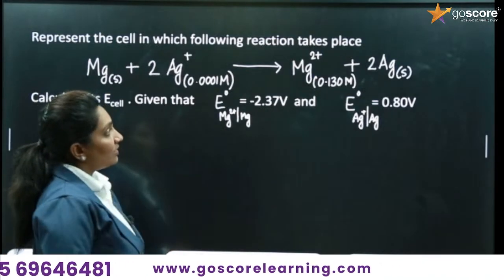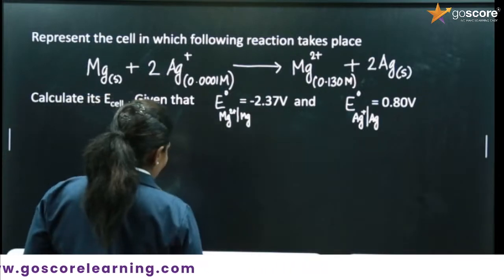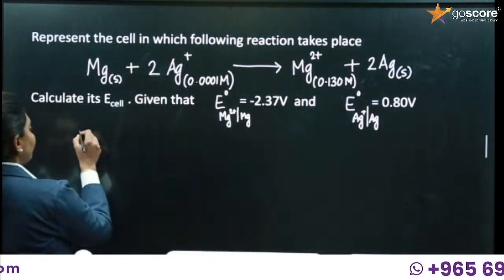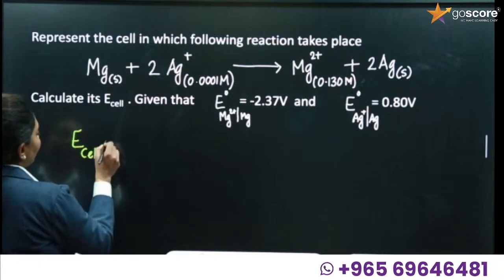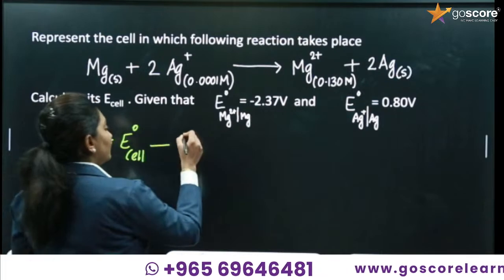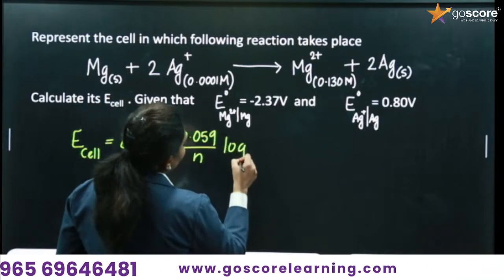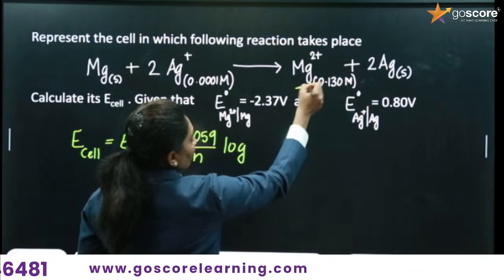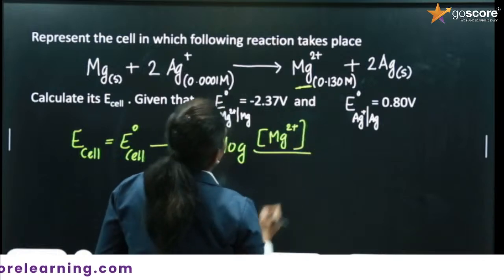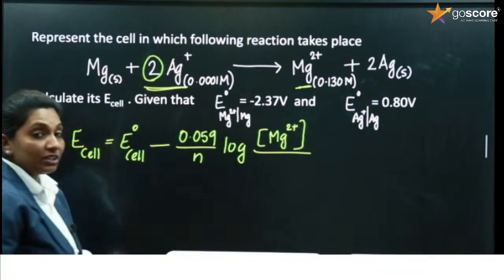So what we have to find out, we have to substitute the values and we will get the answer, right? So the equation will be E cell is equal to E naught cell minus 0.059 divided by N log, here the concentration of product will be Mg2+ divided by, see here what you have to check, Ag+ with the stoichiometric coefficient 2 is there.